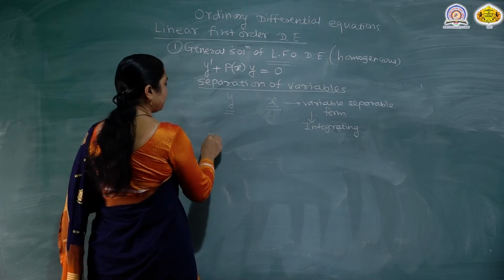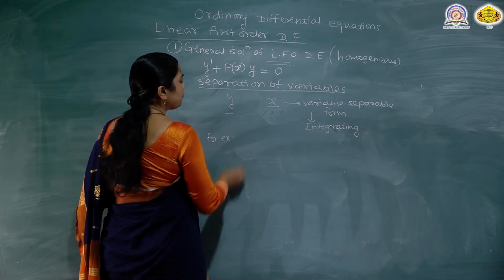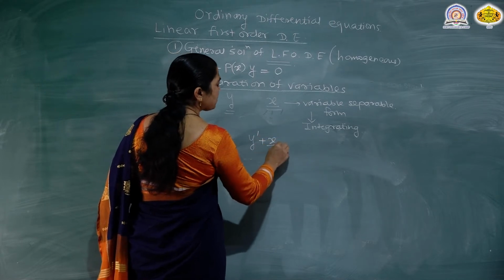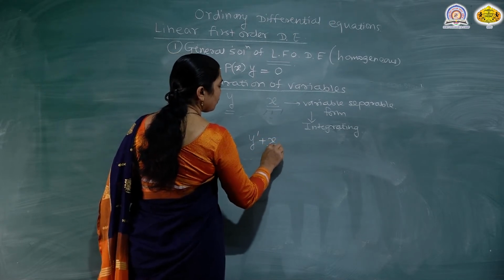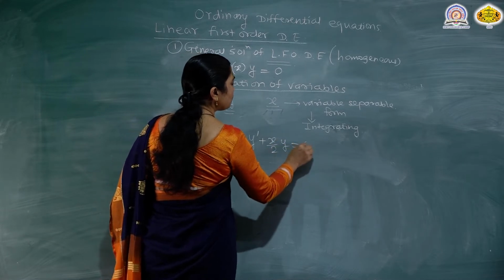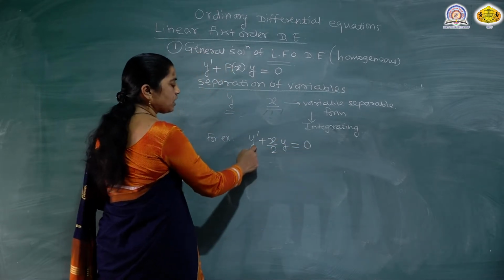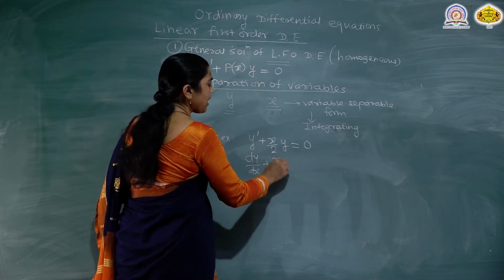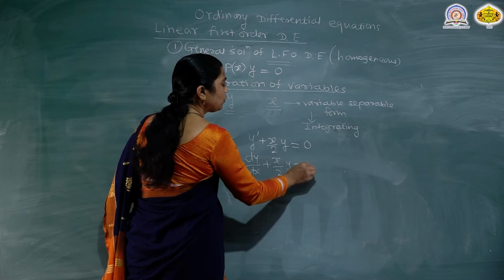For example, suppose we have the equation y' + x/(2y) = 0. Now observe that dy/dx + x/(2y) = 0.